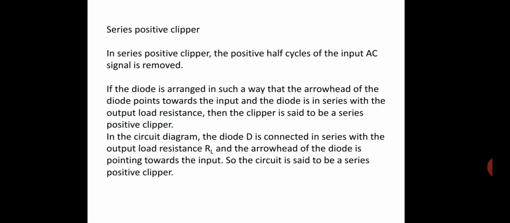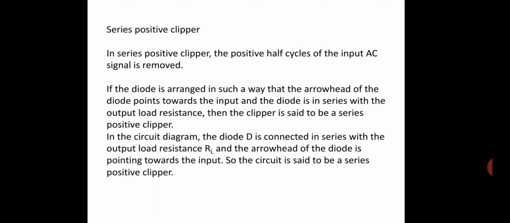In a series positive Clipper, the diode is arranged in series with the input AC signal, so the connection is called series. Positive means this circuit cuts the positive portion and gives the negative portion in the output, so it is called a series positive Clipper.